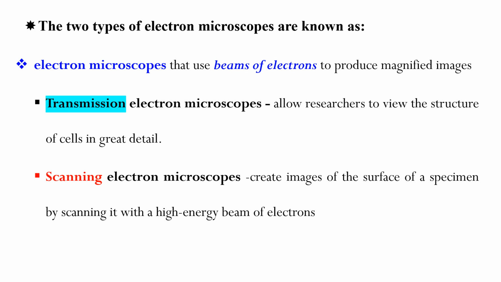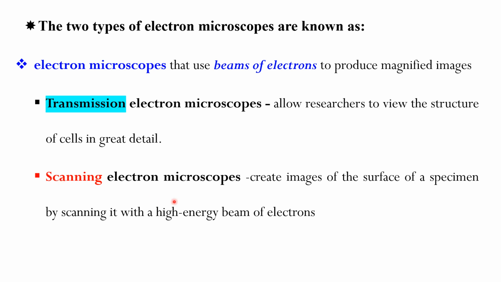The first one is the transmission electron microscope. This allows researchers or students to view the structure of a cell in great detail.